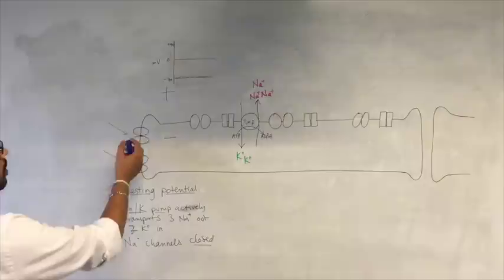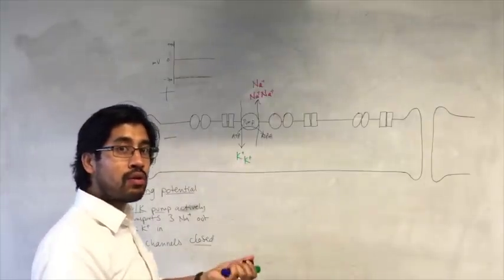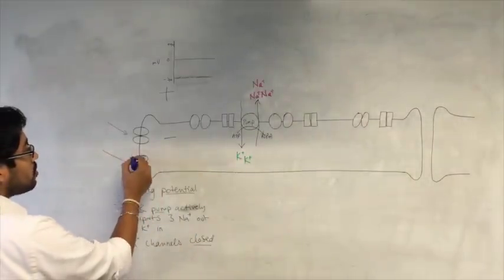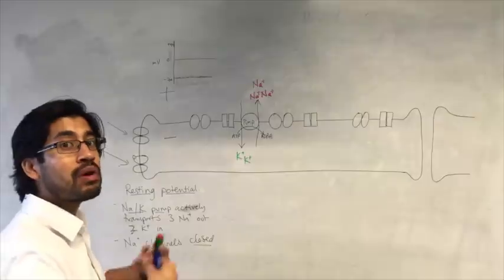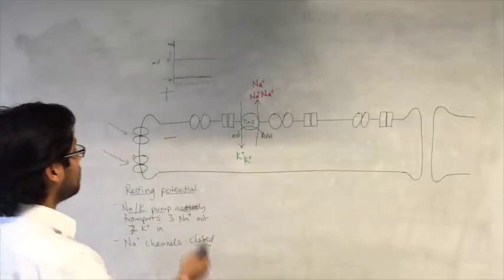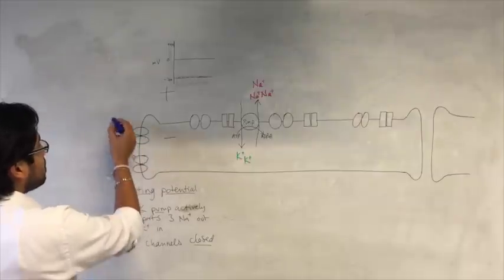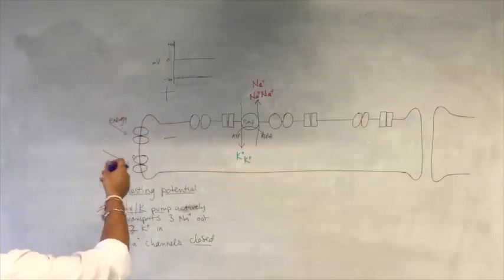Maybe some form of energy directly leads to the opening of the sodium channels, or it might be that these sodium channels need to bind some kind of chemical messenger, which makes them open. In any case, sodium channels open, activated by some form of energy ultimately.